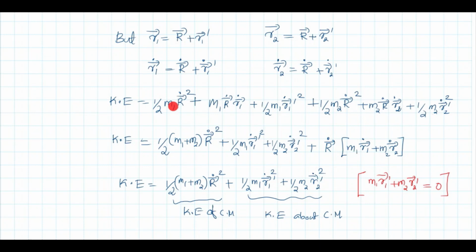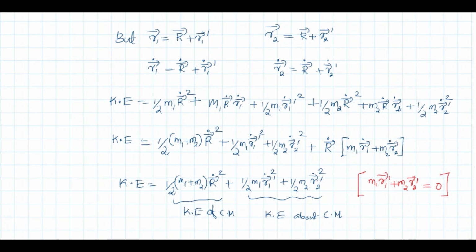And you can combine the first and fourth terms in order to write half (m1 plus m2) vector R dot square. And you can write the third term here and the last term here: half m1 r1 prime dot square plus half m2 r2 prime dot square. In the remaining 2 terms, you can take this capital R dot outside, and the remaining is m1 r1 prime dot plus m2 r2 prime dot.